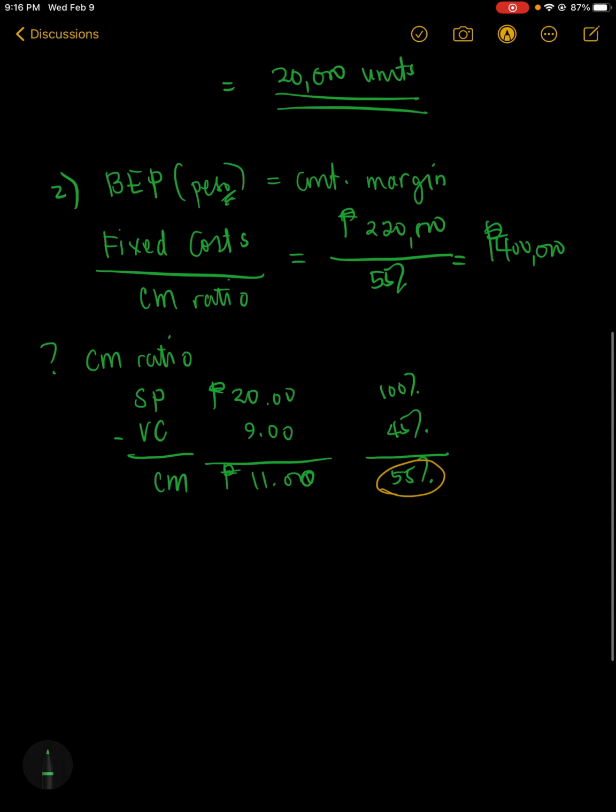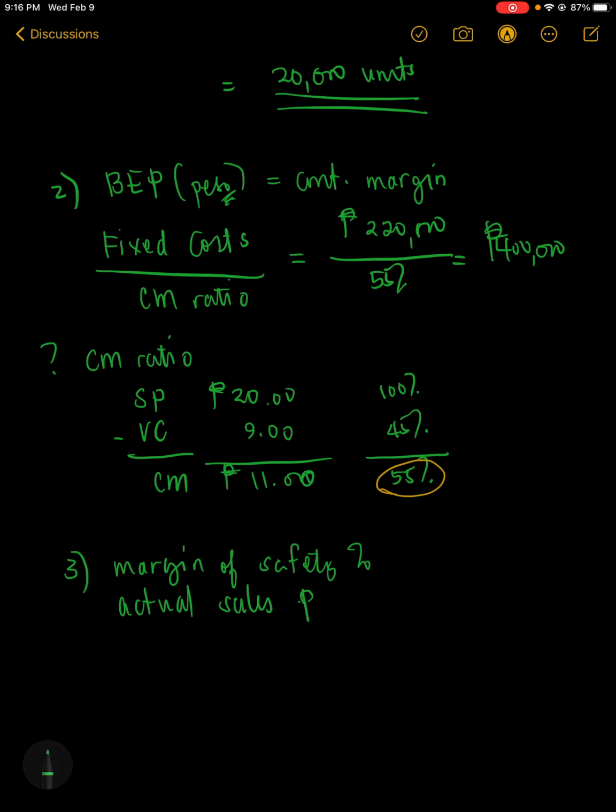Let's try another question. So, for example, what we are asked to find is the margin of safety percentage. So, how do we compute this? Let us first determine the assumed actual sales. So, let us say the actual sales based on the problem is 500,000.